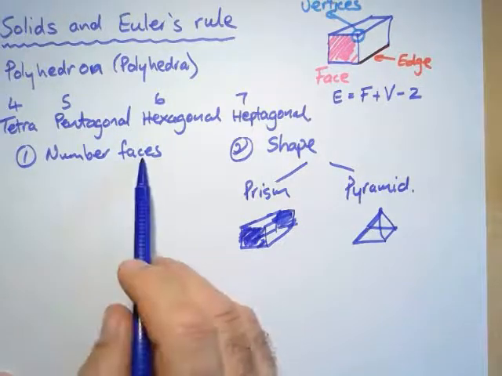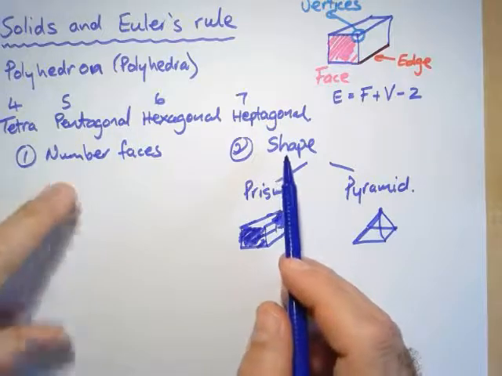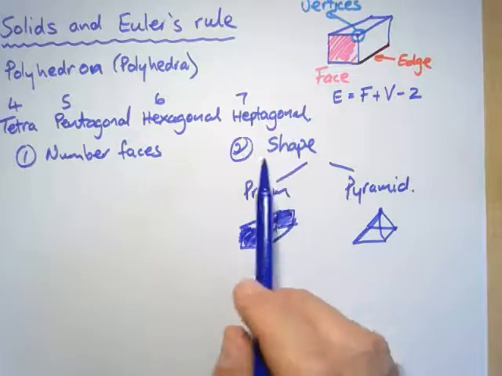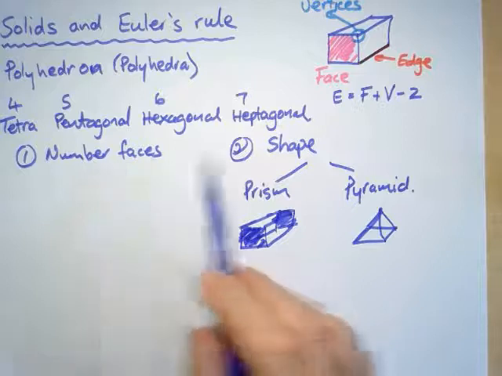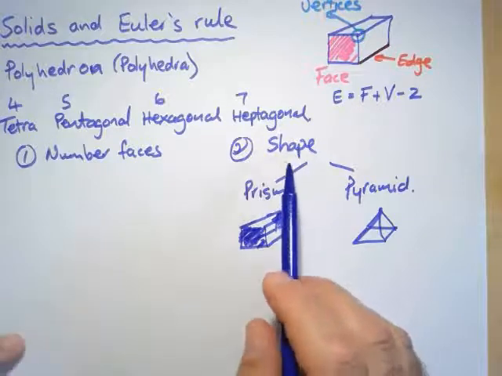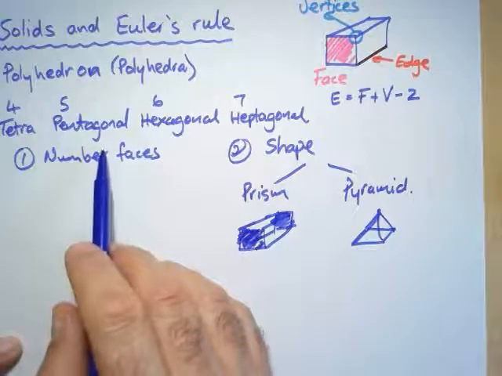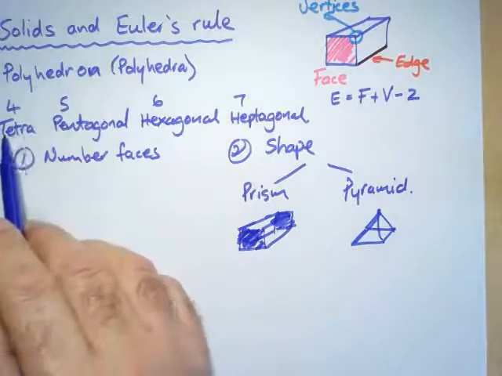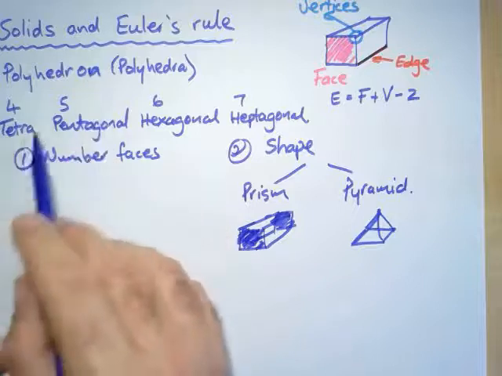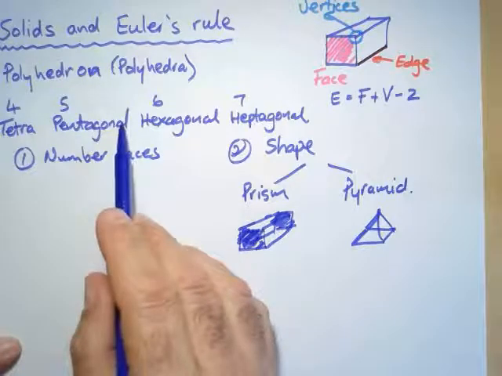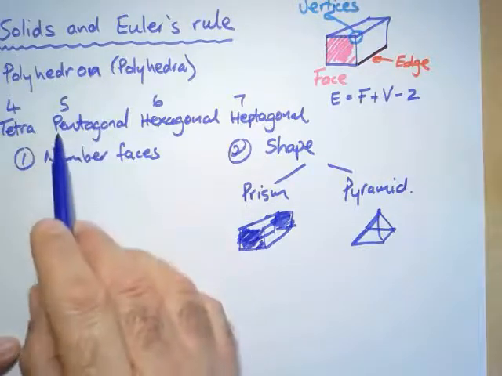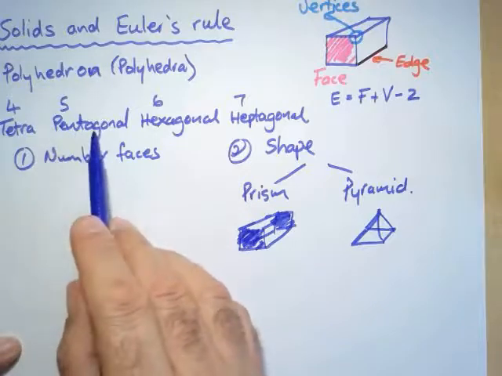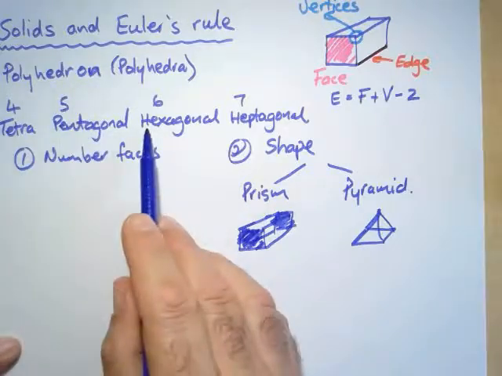Number of faces or the shape. They will ask you to call it according to its faces or according to its shape. So if I'm looking at the number of faces, it will be a tetrahedron. Tetra means 4, hedron means face, so 4 faces. Pentagonal hedron means pentagonal, 5-sided face.